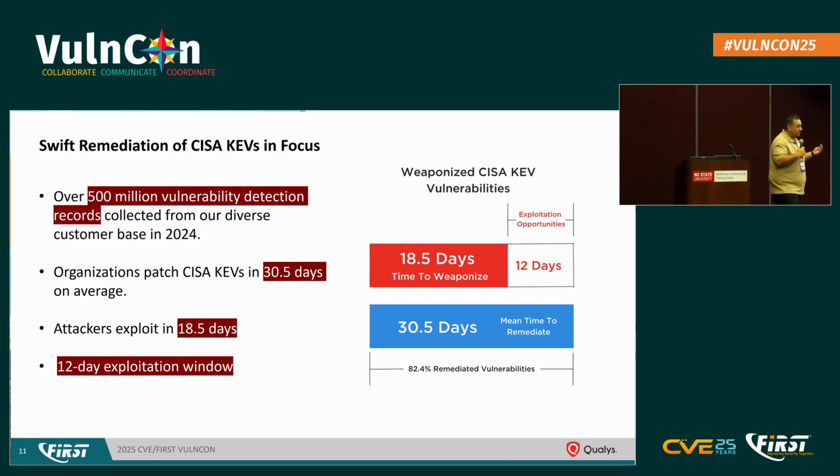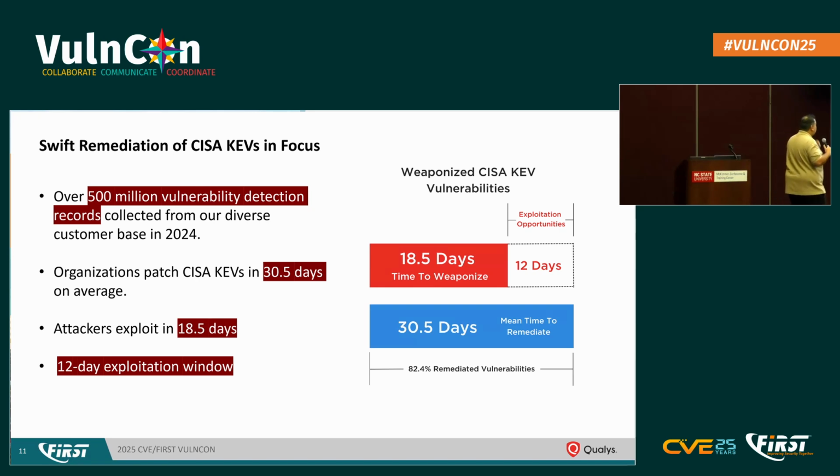It means the time that it takes to put them in their malware or ransomware kit. On average, it takes them 18 and a half days, which means that there's a 12-day window of exploitation. And this is average. Normally, averages are being hit by outliers.